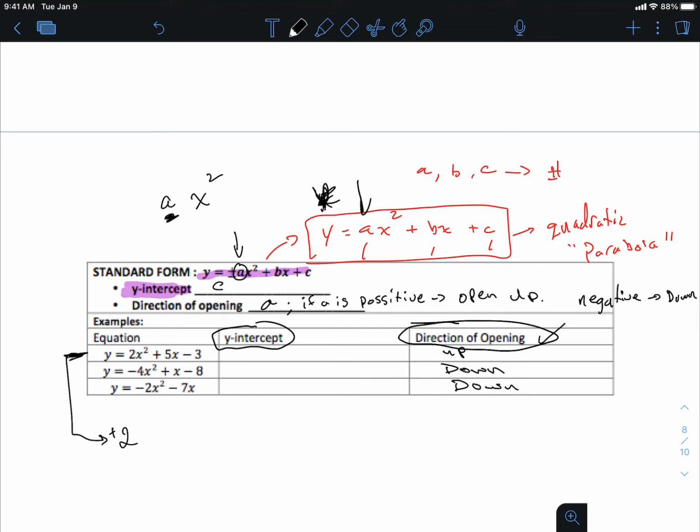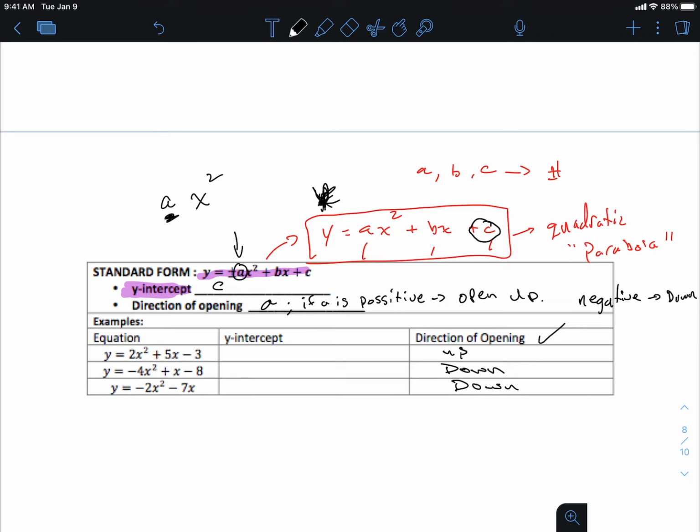So I want you guys to prove to me, and I'll show you one anyway. Eventually, I want you guys to show me on your own what the y-intercept is going to be for each of these equations. Now, I've told you, if you look at C, C is the number that does not have an X on it.